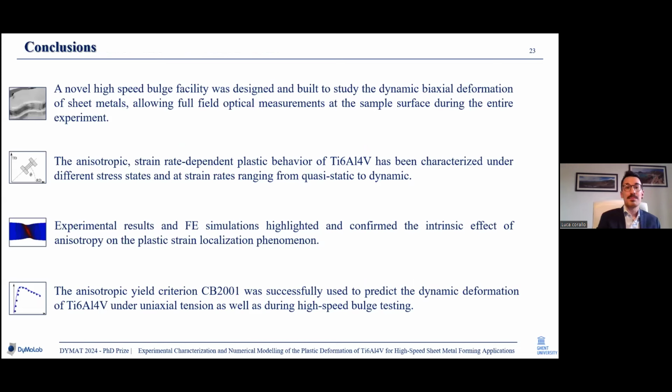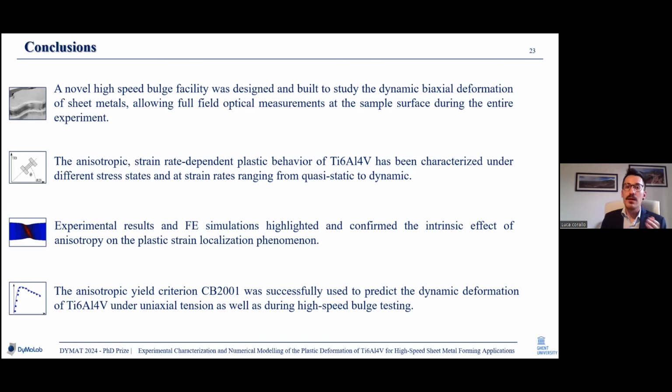So another high-speed bulge facility was designed and built to study the dynamic biaxial deformation of sheet metals, allowing full-field optical measurement at the sample surface during the entire experiment. The anisotropic, strain rate-dependent plastic behavior of Ti6Al4V has been characterized under different stress states and at strain rates ranging from quasi-static to dynamic.